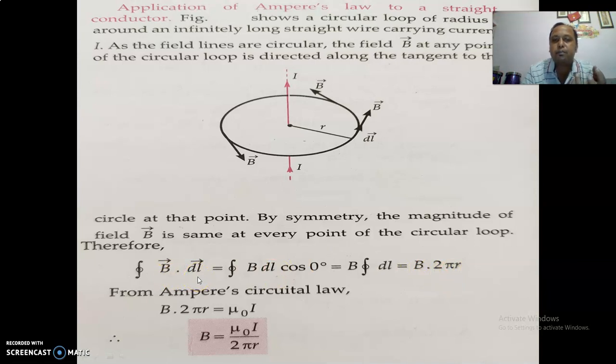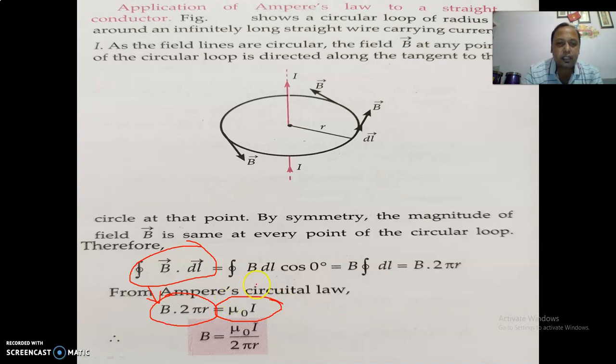But according to Ampere's Circuital Law, integration B dot dl is equal to mu naught into the total current. On the left hand side, we have written the value of integration B dot dl as B into 2 pi r, and on the right hand side of Ampere's Circuital Law, we write mu naught into the total current threading the loop.